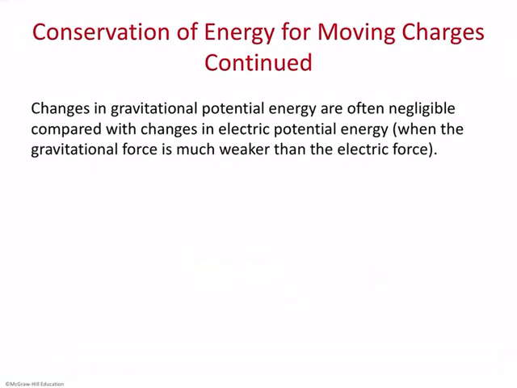It's weird. All right. And so conservation of energy for moving charges. Changes in gravitational potential energy are often negligible compared with changes in electric potential energy. So when the gravitational force is much weaker than the electric force, you can do a comparison between gravitational force.